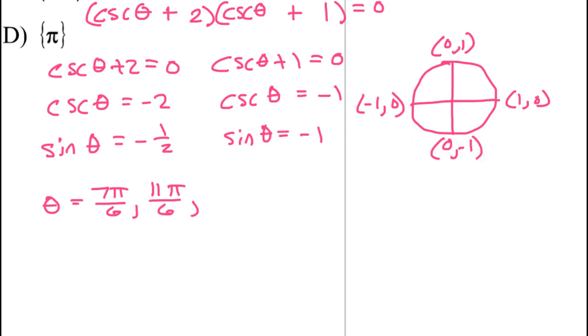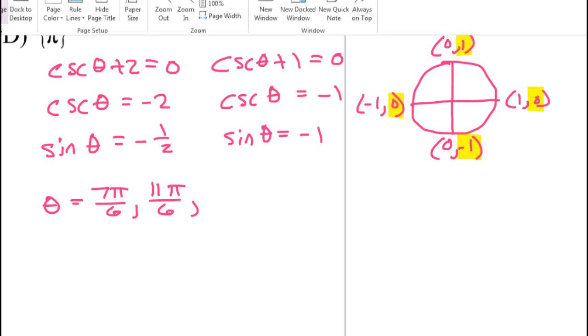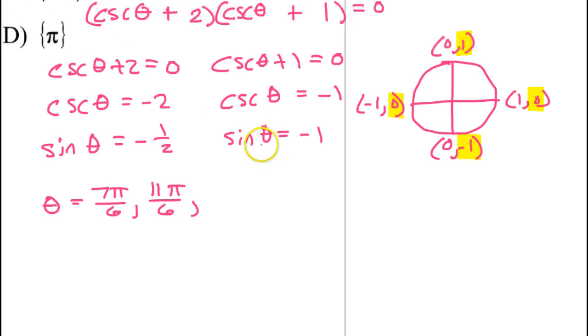Sine is a y value, so we should only be looking at the y values. And the sine is -1. That is only going to be right here, and that is 3 pi over 2.